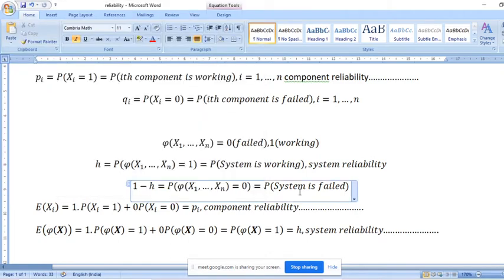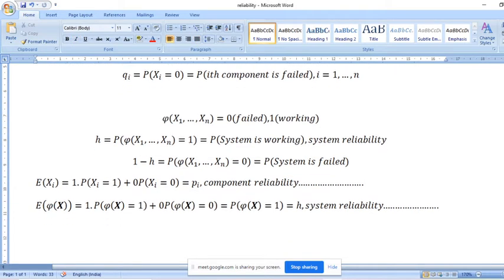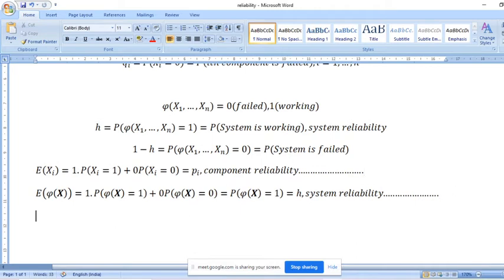Okay, I think you got the idea of component reliability and system reliability. Now we can consider two examples. Now we impose one condition, that is x1, x2, x3, xn are independent random variables, independent and identically distributed.